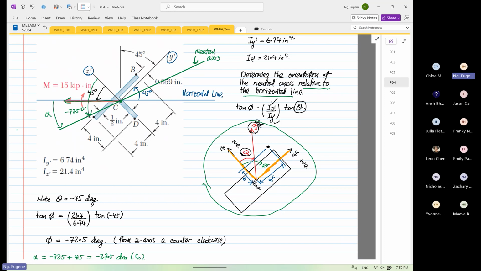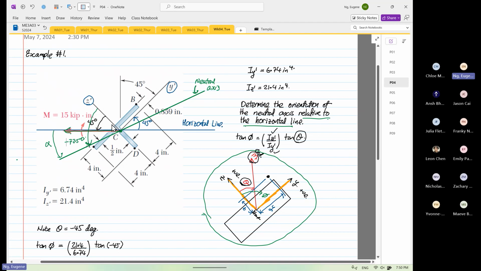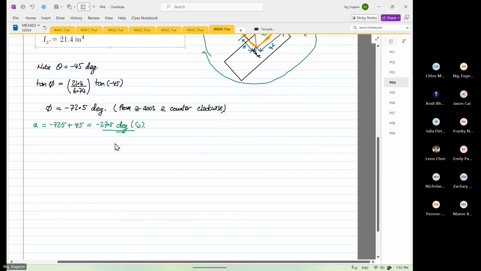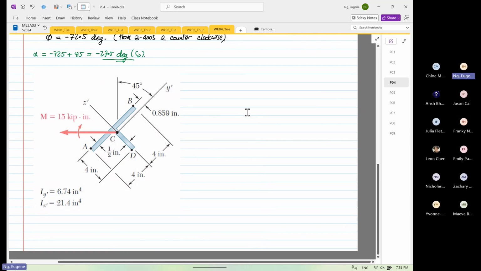So the next thing that we want to find, because point C is the position of the centroid, not the neutral. Okay, so point C is the position of centroid. So the next thing that we want to do is find the stresses at point A, B, and D. Okay, let me get it sorted out, right?